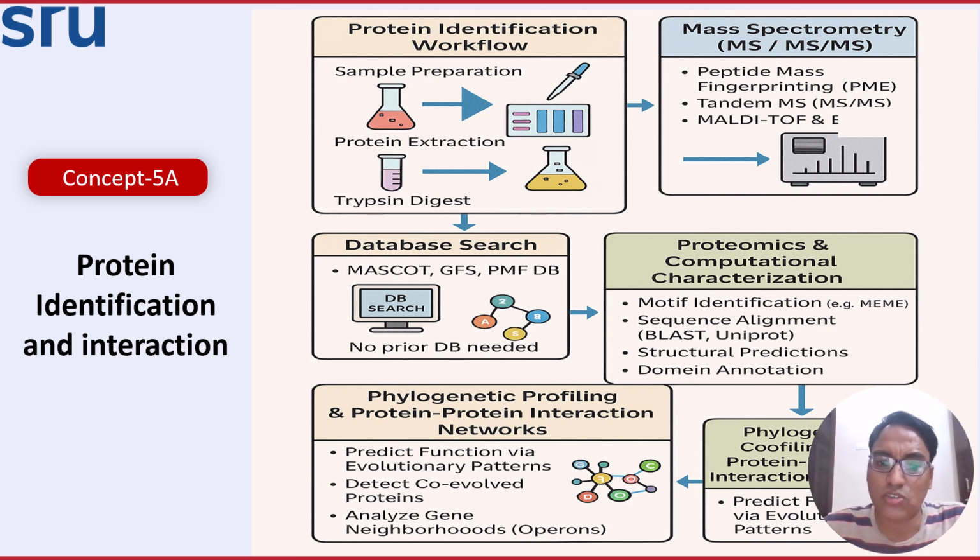Once you work that out, we also build the phylogenetic profiling and protein-protein interaction networks, through which you learn how many different proteins are evolving together, which is an interesting concept I'm linking to this set of slides.